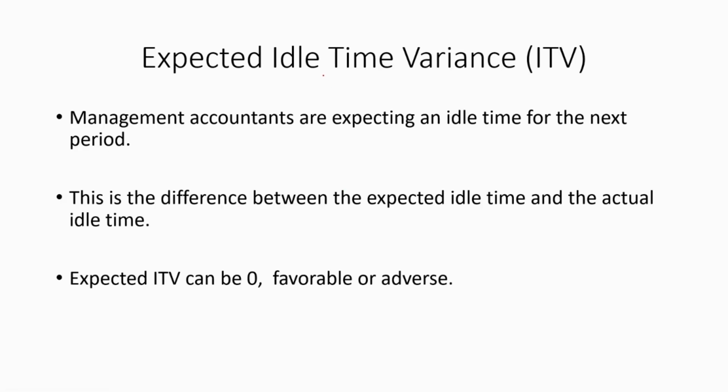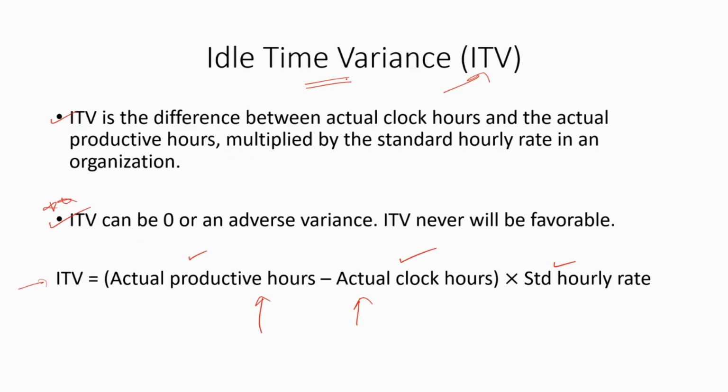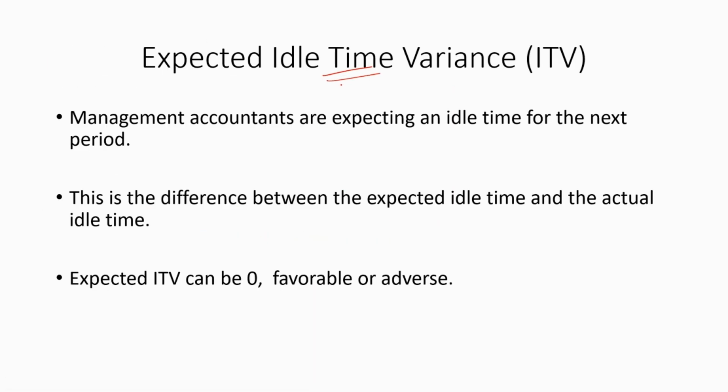Now let's discuss the expected idle time variance. Earlier we discussed the regular idle time variance, where the management accountants do not expect idle time in the next period. But here the management accountants are expecting idle time for the next period, which is known as the expected idle time variance.